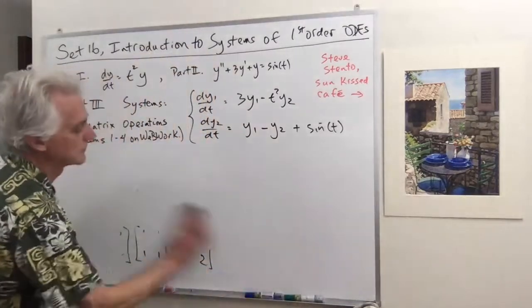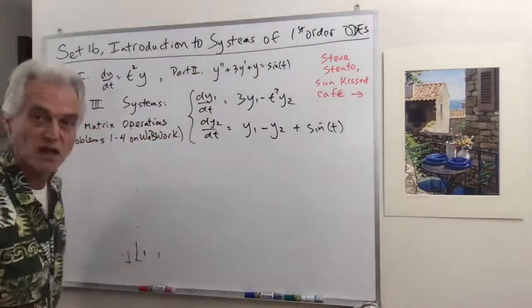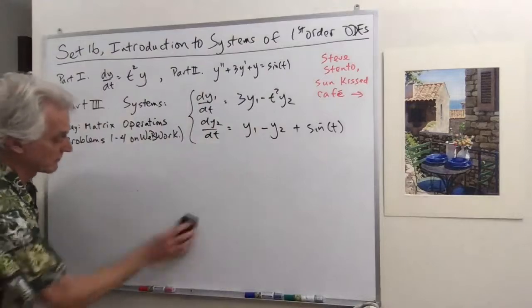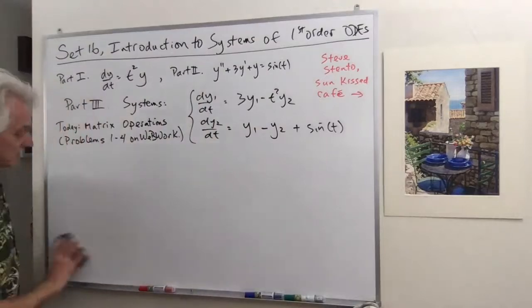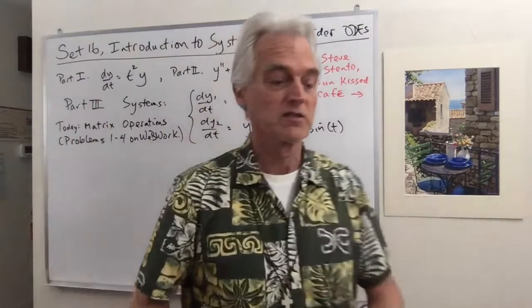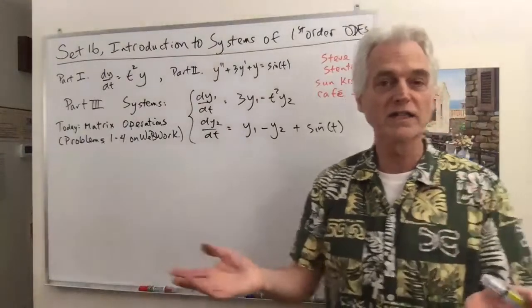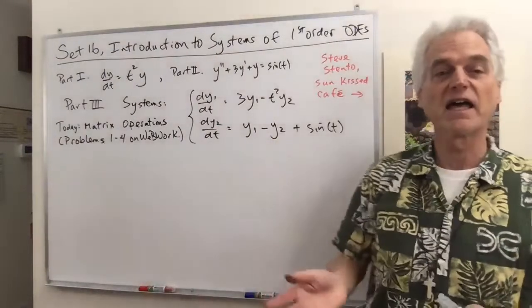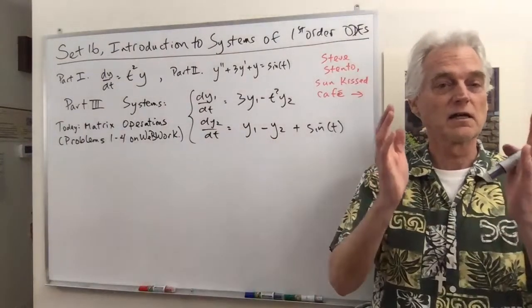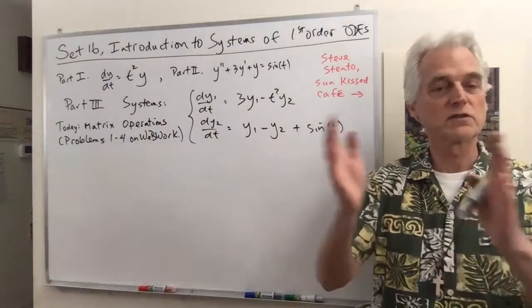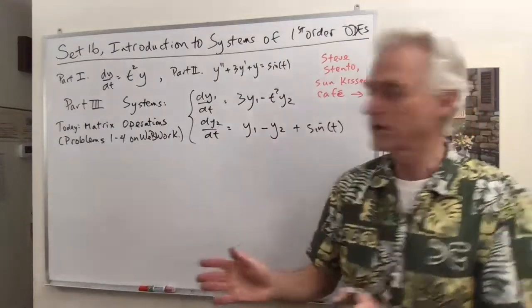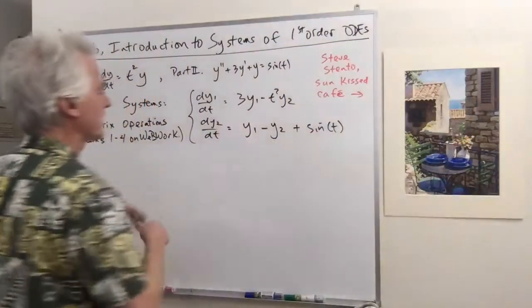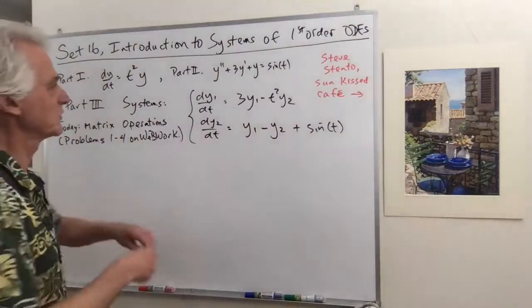This system can be written in terms of vectors and matrices, okay? So I can think about these two equations as the equality of one vector with another. There's two equal signs. I can write this with a single equal sign, right?